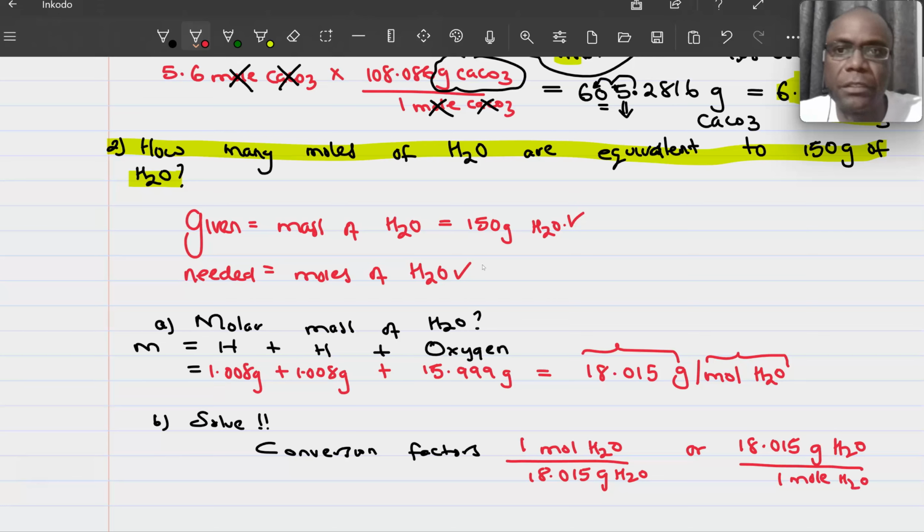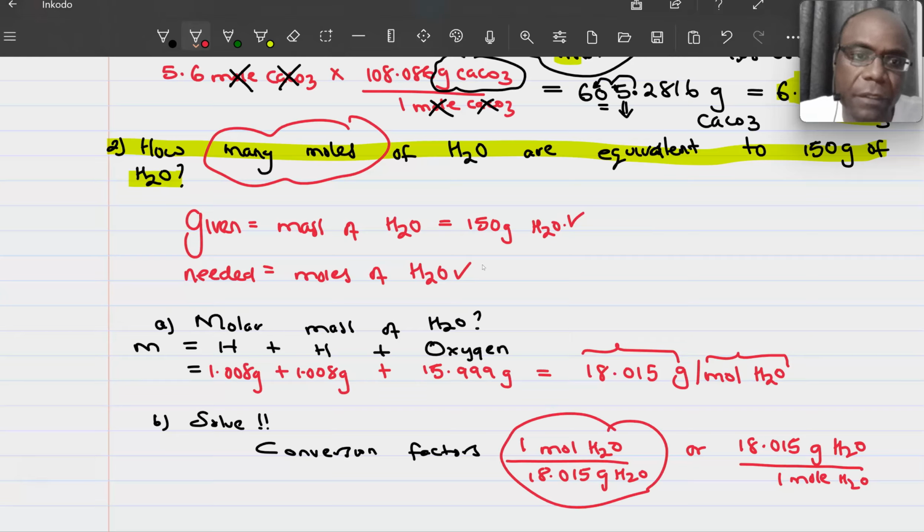Which one should we use? We are asked how many moles. So I should be going with the first conversion factor. That's what I need. I need to use this because the numerator has moles of water, so ignore the other conversion factor.